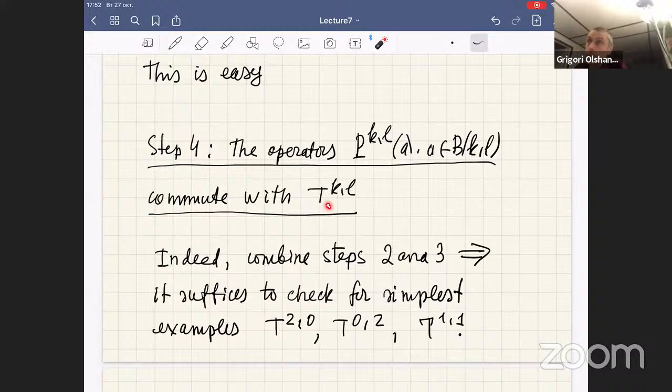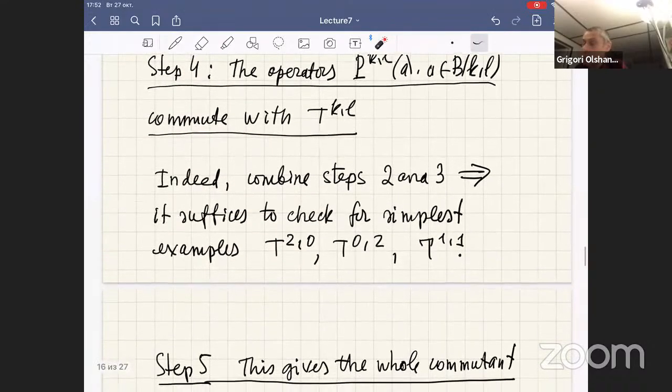In the case of the symmetric group, it was easy, but it's also easy to see in this context more generally. The operators which correspond to group elements, to permutations, for them it's the same as in the case of Schur-Weil duality.